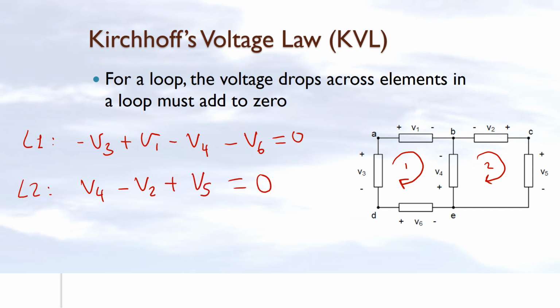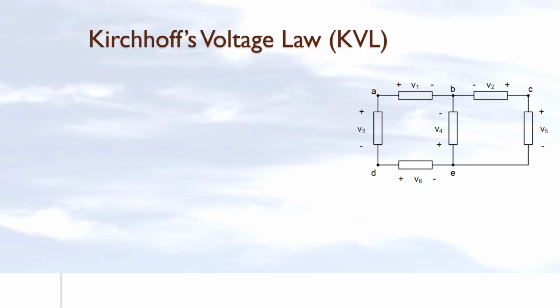And similar to KCL, KVL is also applicable not only to resistors but also to all circuit elements that we studied in this class, like the capacitor and the inductor. So for example, if this element here is an inductor L, so if we wrote the KVL for loop number 1, we have minus V3 plus V1 minus V4 minus V6 equal to 0.